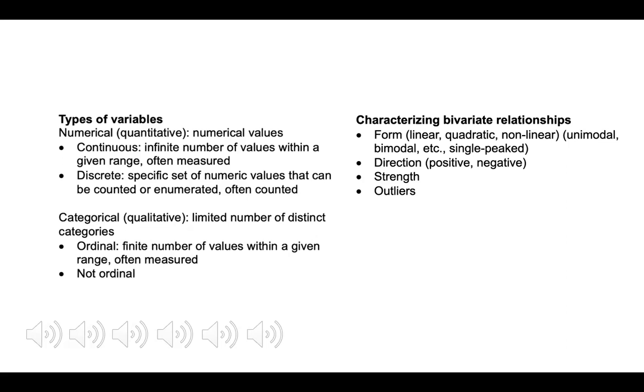There are different categories you can allocate to the relationship you are investigating. You also have to be careful about the direction of the relationship, whether it's positive or negative. And if you are dealing with correlations and regressions, then the strength is also important.